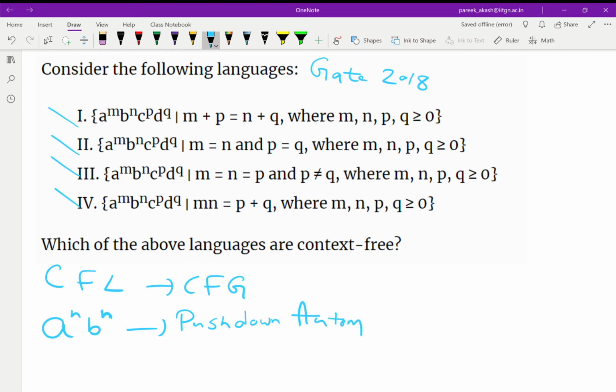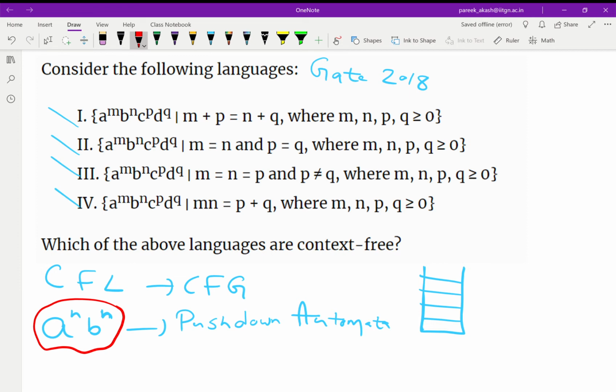By push down automata we mean that we can do some operations on a stack. You might know push down automata or you might not, so I'll just give you the flavor of how it works. Suppose I have to prove that this language is context free.